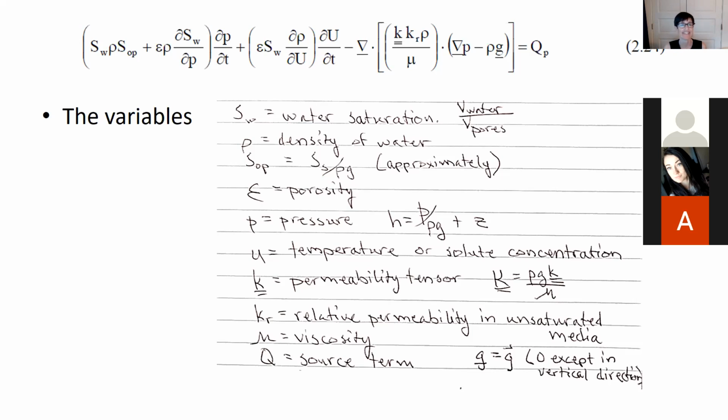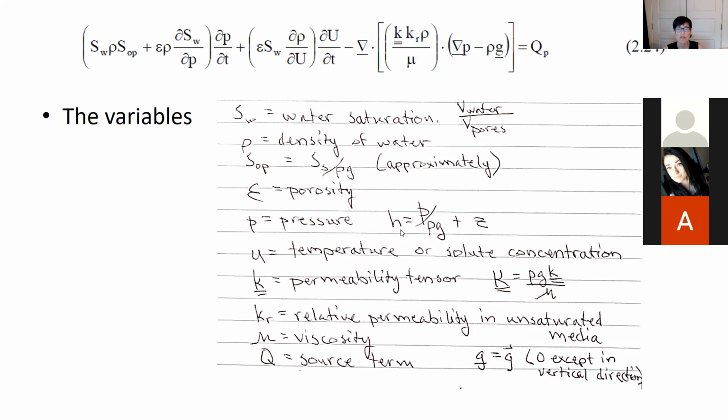It'll be clearer with a picture. And this is dP/dt, where P is pressure. I just want to remind you that we can get from pressure to hydraulic head this way: the hydraulic head is the pressure divided by rho g, that's the water density, plus the elevation relative to the datum, wherever you're measuring from.